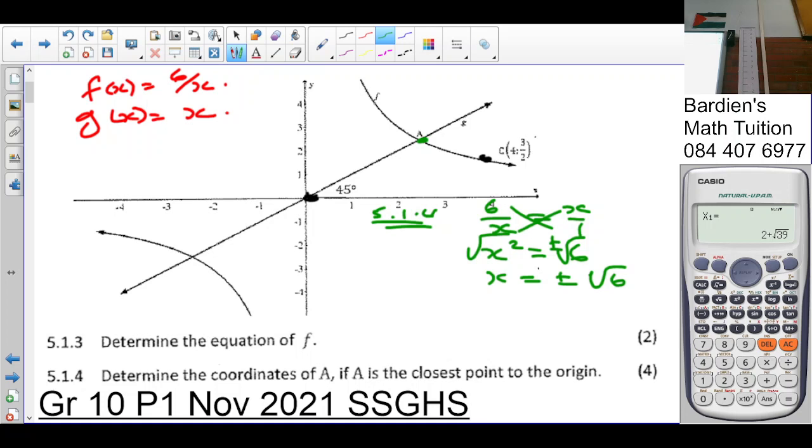No. So therefore x is going to be the positive root 6. Then to calculate the corresponding y value, you substitute that into either f of x or g of x. g of x is equal to x, so y is equal to root 6. So A is going to be root 6, root 6.